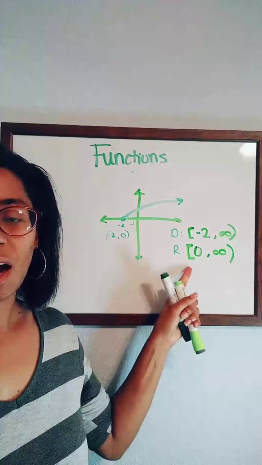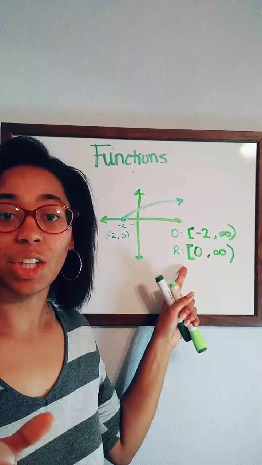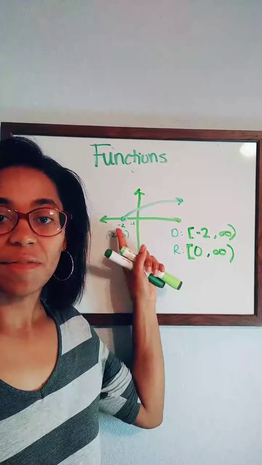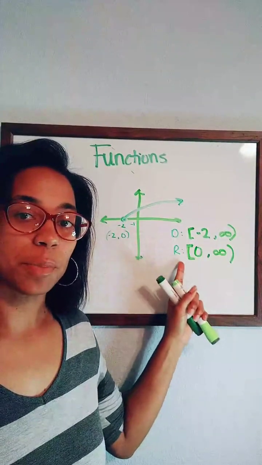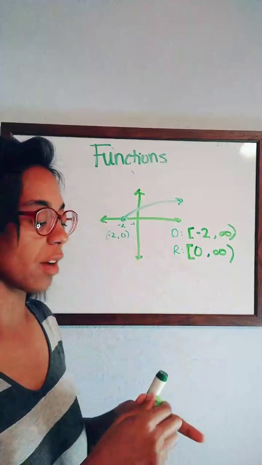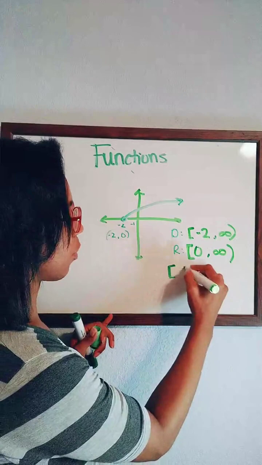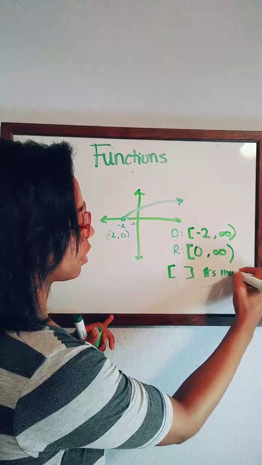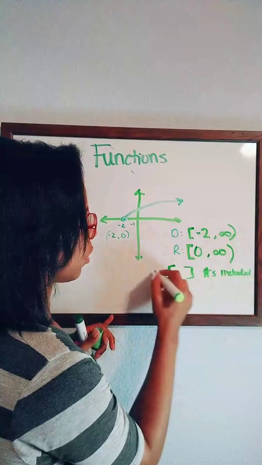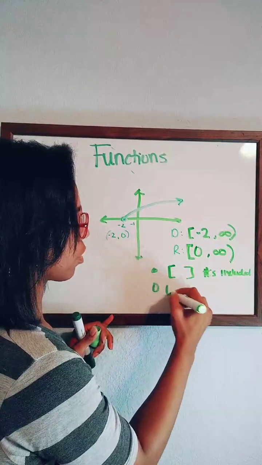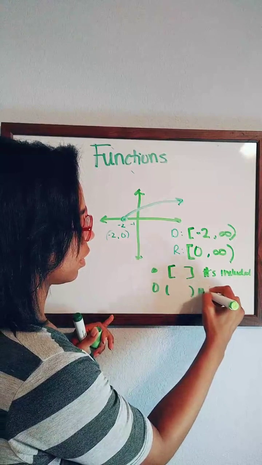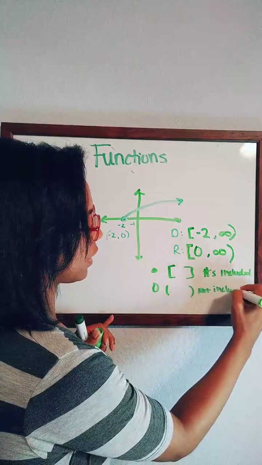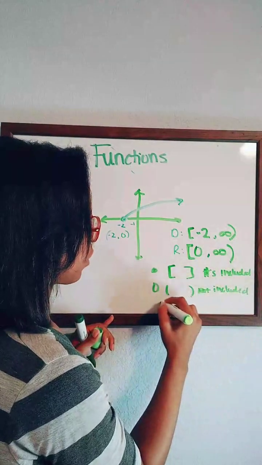So the brackets are telling me that that point is included in the answer. If this was an open circle, then I wouldn't put a bracket. You only put brackets around numbers that are included. So brackets mean the numbers are included, and those are closed circles. An open circle gives you parentheses because those are not included in the answer.